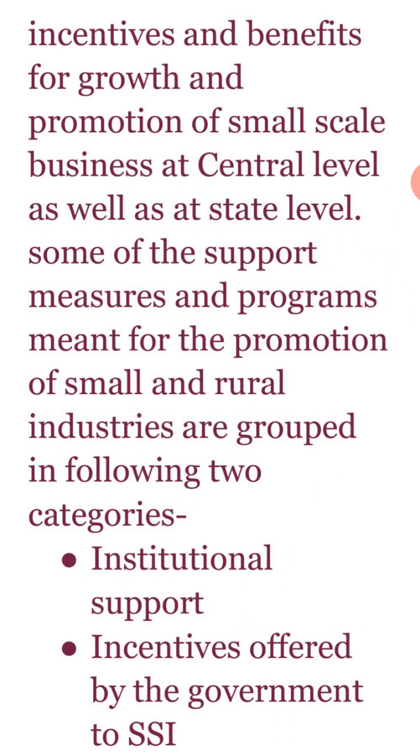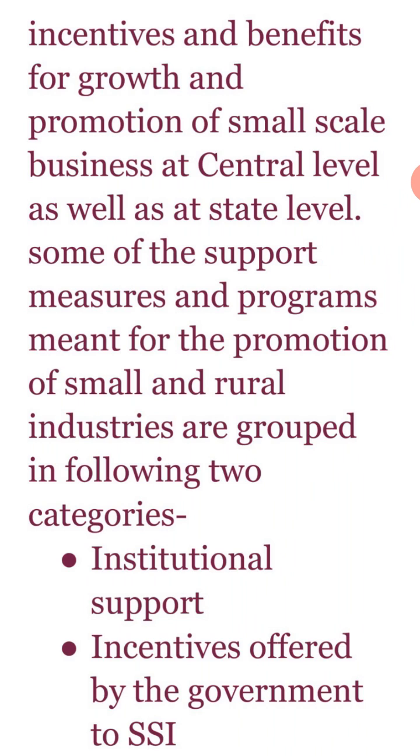Some of the support measures and programs meant for the promotion of small and rural industries are grouped into two categories. Whatever programs and measures have been taken by the government are divided into two parts. The first one is the institutional support, that means the support that has been given through certain institutions.